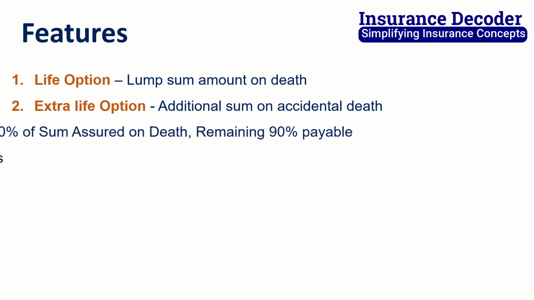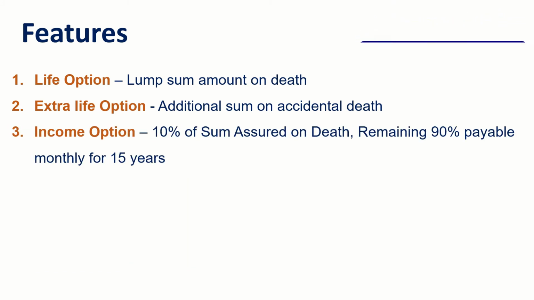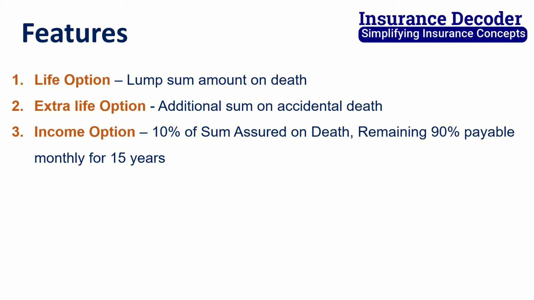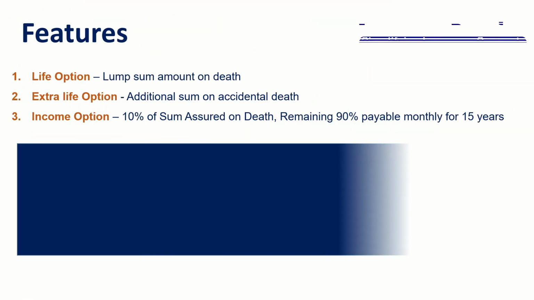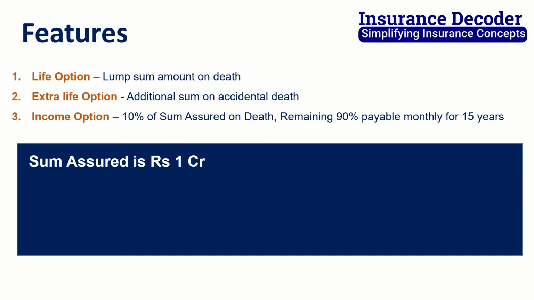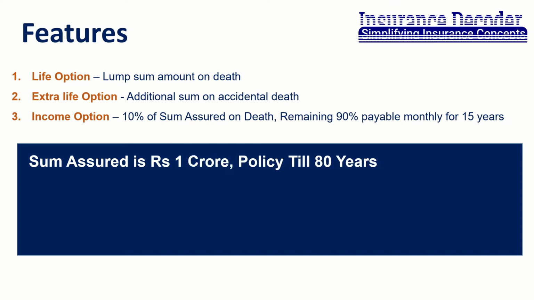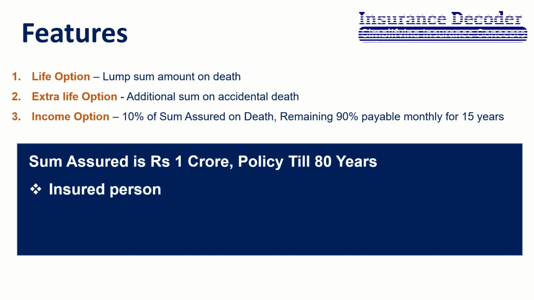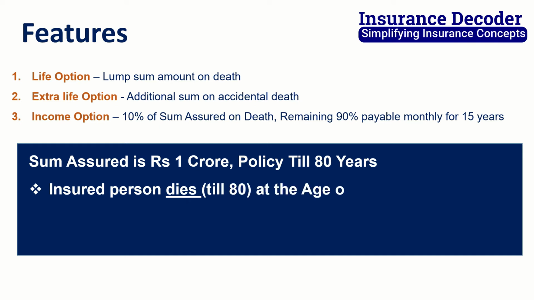The option number 3 is the income option. In the income option, what happens? 10% of sum assured is given to the nominee on the death of the policyholder, and the remaining 90% is payable on monthly basis for 15 years. So how will it work? Suppose a person has taken a policy of rupees 1 crore for 80 years and the insured person dies.